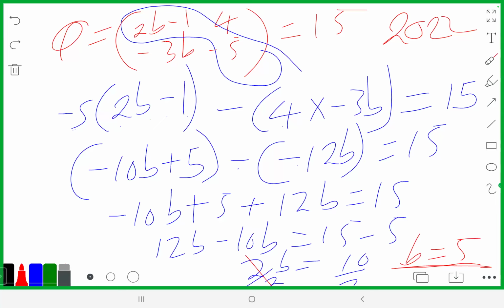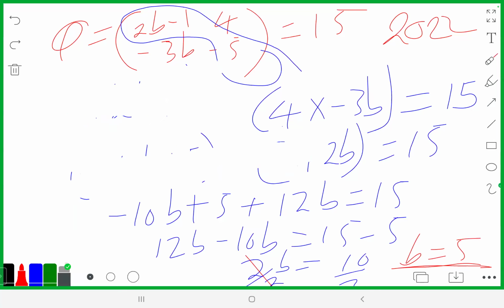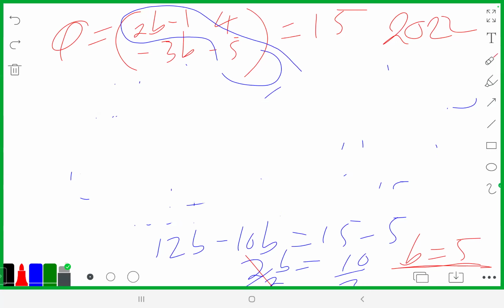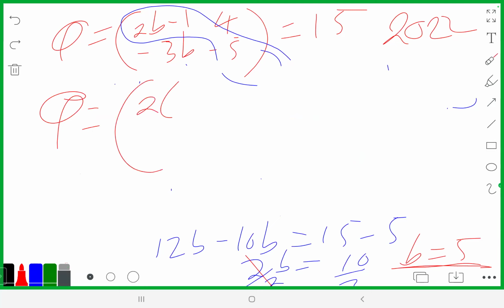Okay. So now, one thing that you should learn is that this matrix had been given a B somewhere, because we had not yet found the value of B, right? So it's important that where there is B now, to have the new matrix Q, we replace by putting the value of B. So 2 times the value of B is 5, minus 1, negative 3 times B is 5, minus 5, and 4 here.